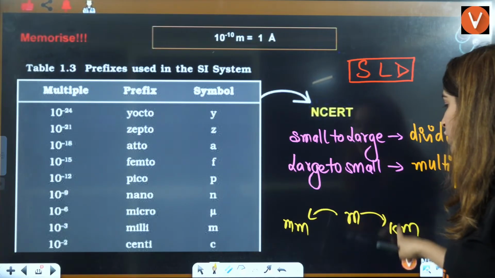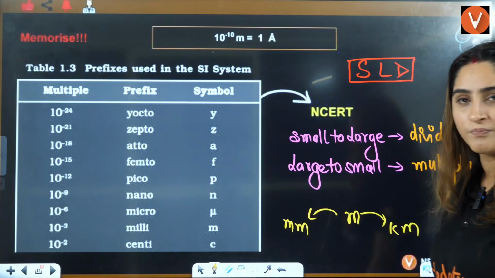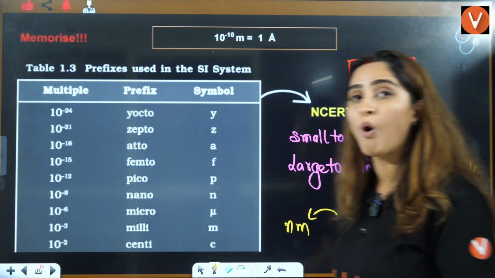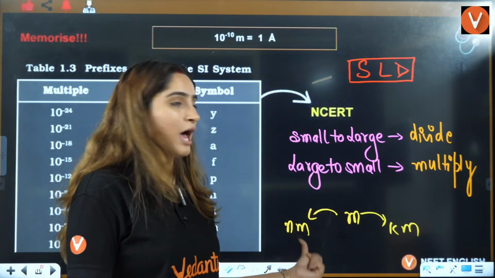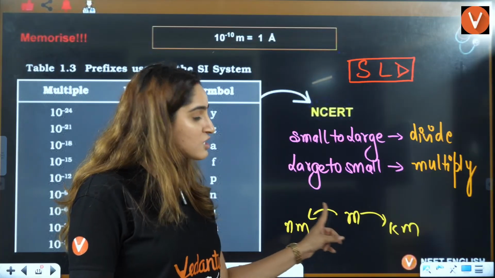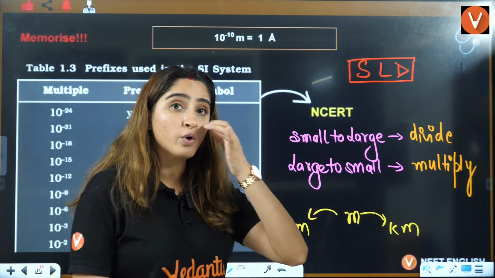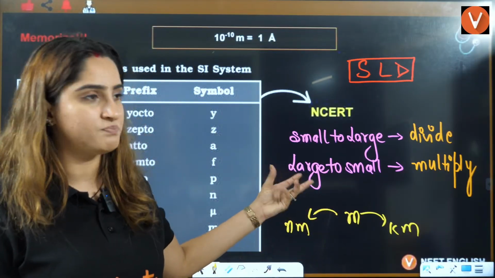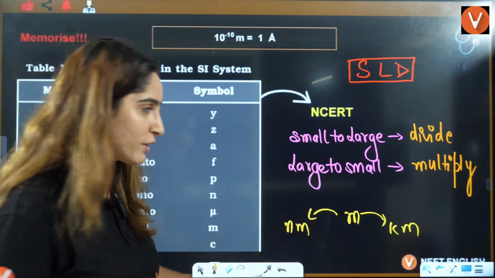This is small to large, and this is large to small. Nanometer is smaller compared to meter. If someone asks you to convert meter to nanometer, you are doing large to small. But when you convert meter to kilometer, you are converting small to large. These are familiar examples I am talking about.